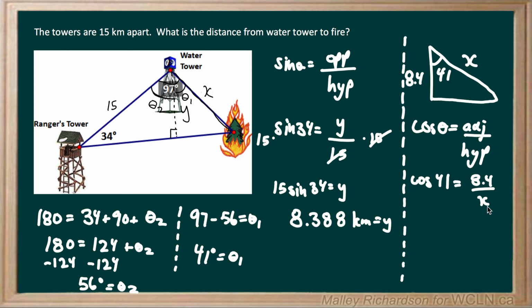Now to solve for x, we want to cross multiply and then divide by cos 41. So we have x equals 8.4 divided by cos 41. Plugging this into our calculator, we get our value of x to be 11.1 kilometers. So the distance from our water tower to the fire is 11.1 kilometers.